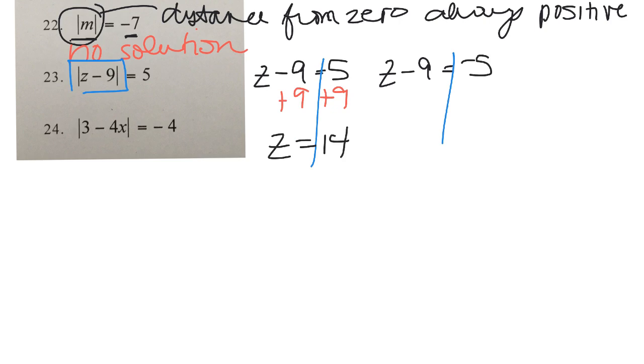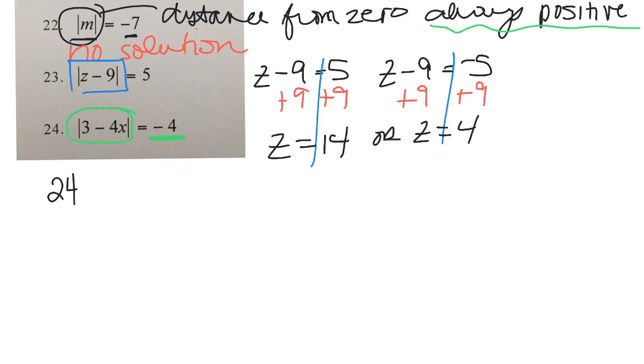And I can add 9 here, and z equals 4. So z equals 14 or 4. And number 24 here, we have the absolute value, again, it's by itself and it equals a negative. That can't happen because it's always positive, so this one is again no solution.